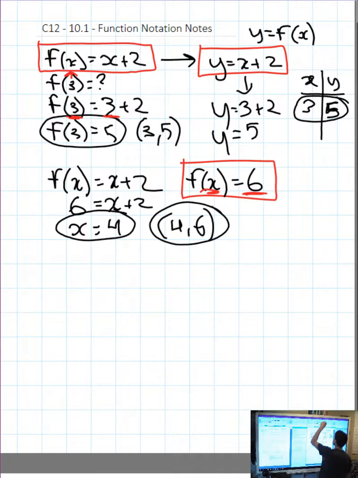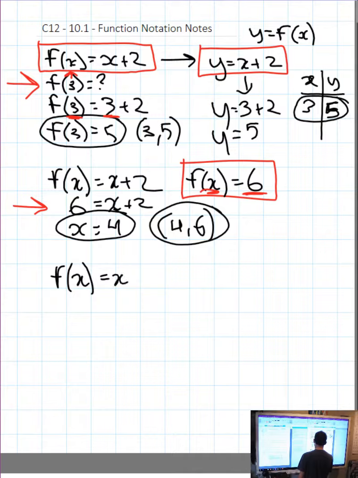So sometimes we're going to give you an x value and you have to figure out a y value like above. Sometimes we give you a y value and you have to figure out the x value like above. So again, let's keep f of x. So f of x equals x plus 2. Now before we asked what was f of 3.